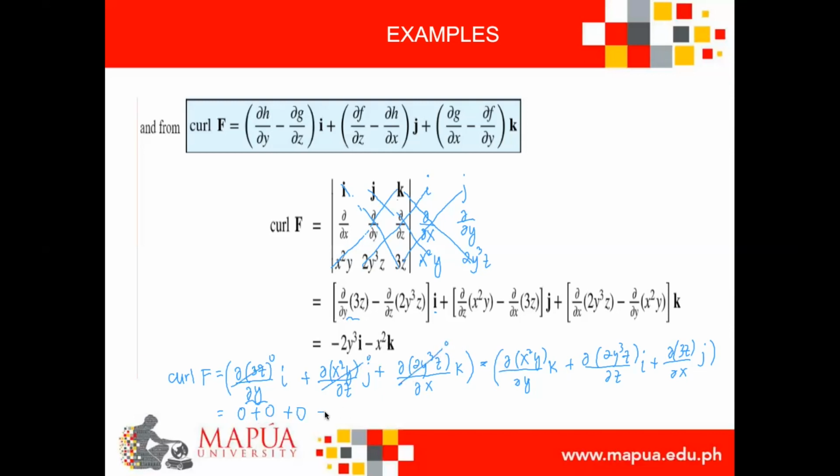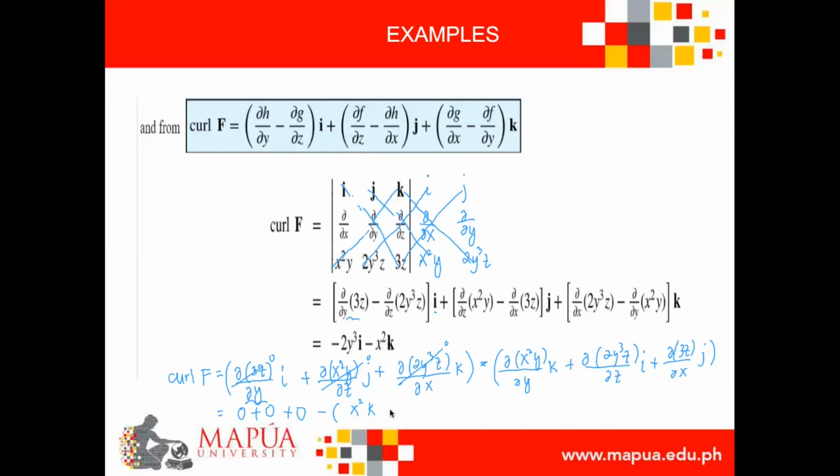Then you have minus. So here we have to take the partial derivative of the function x squared y with respect to y. So copy your constant x squared. Then derivative of y equals 1, then times k. Then here we're going to get the partial derivative of 2y cubed z with respect to z.